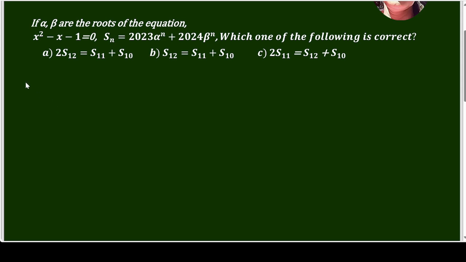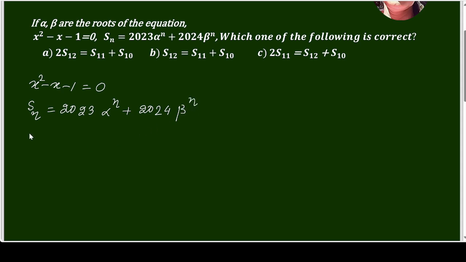So, question is given, it is given information x square minus x minus 1 equals to 0 and Sn equals to 2023 alpha to the power n plus 2024 beta to the power n.